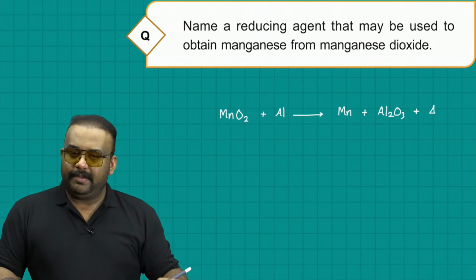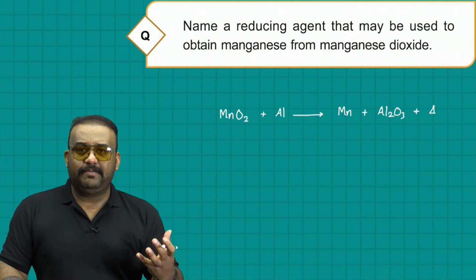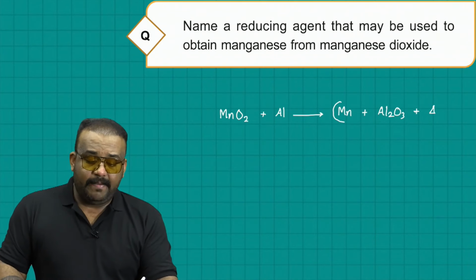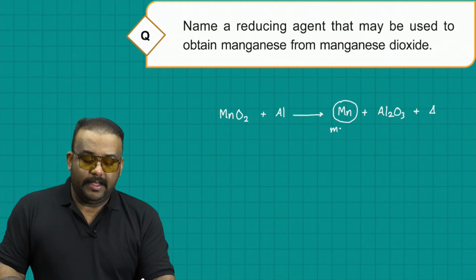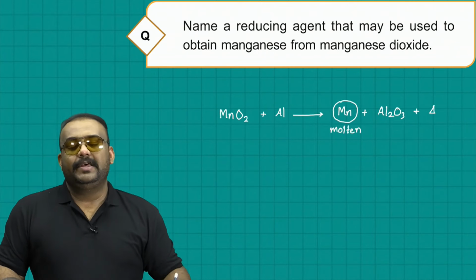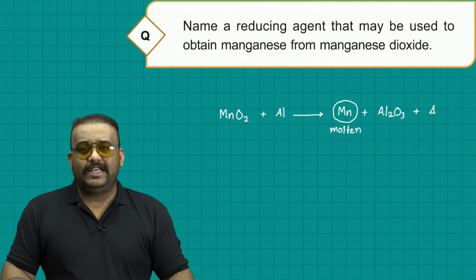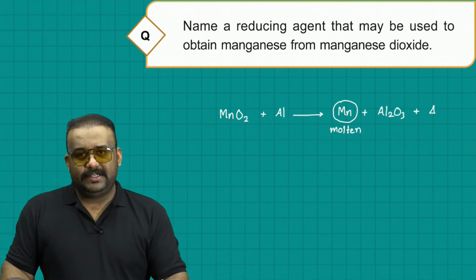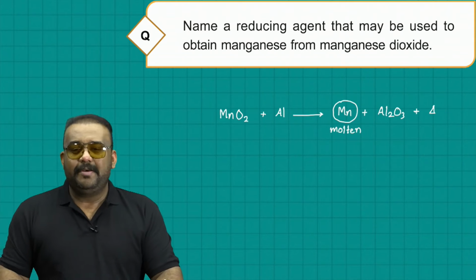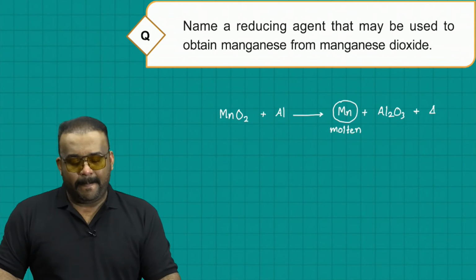And this is a highly exothermic reaction and it liberates a large amount of heat such that the metal formed is in the molten state.